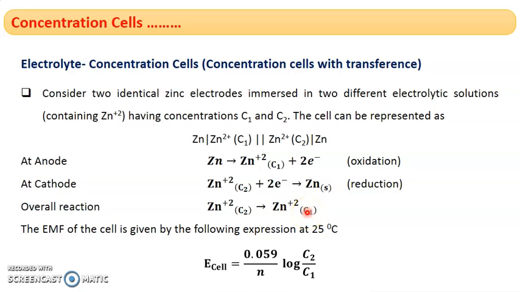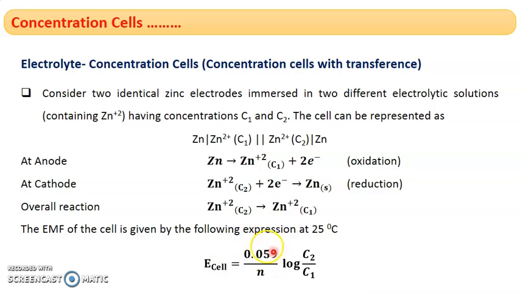When the concentrations of these two electrolytes, C1 and C2, become equal, we don't get any electricity. So in the beginning we get EMF, then gradually it will be decreased, and finally it will be zero, where the Zn plus 2 concentrations C2 and C1 become equal.